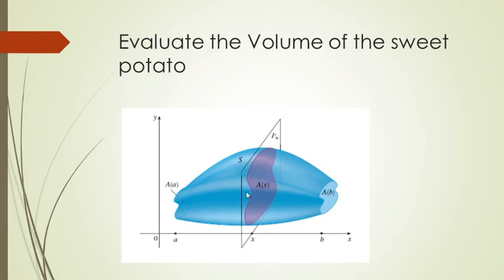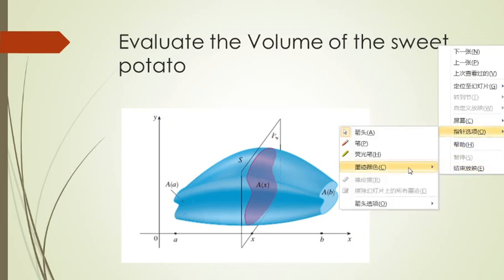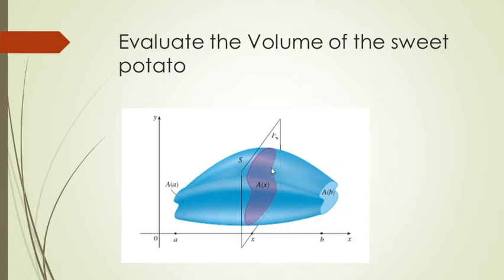For example, if you use a small knife to cut the sweet potato at some position X, maybe it's not in the middle, just some position between A and B. When you cut the sweet potato, you will get a cross-section region, and at the point X it might look like this region, which we shaded in red and bounded here.